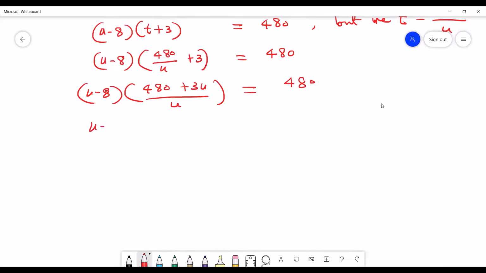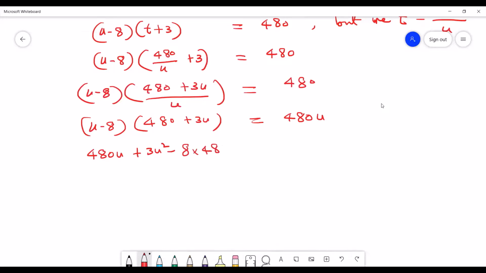That is u minus 8 into 480 plus 3u divided by u is equal to 480. So u minus 8 into 480 plus 3u is equal to 480u. Now multiply. u into 480 will be 480u. Then 3u into u is 3u square, minus 8 into 480, minus 8 into 3u, is equal to 480u.